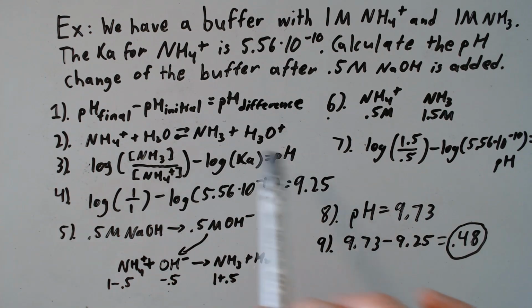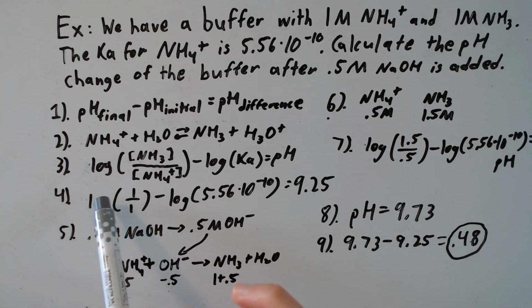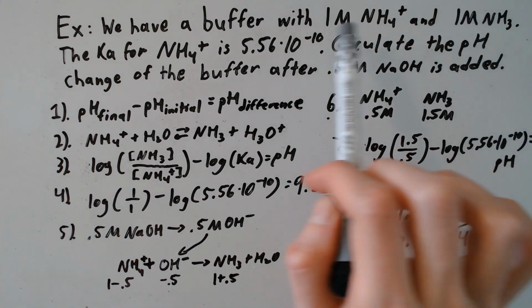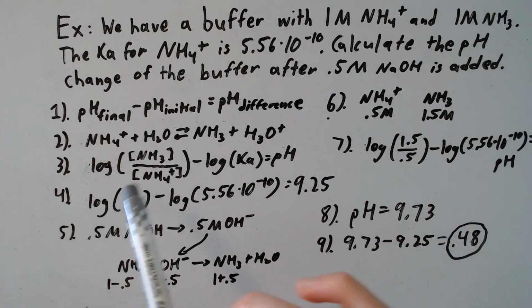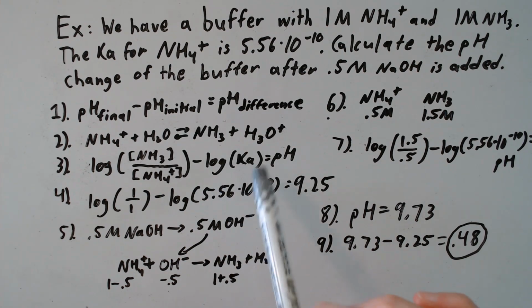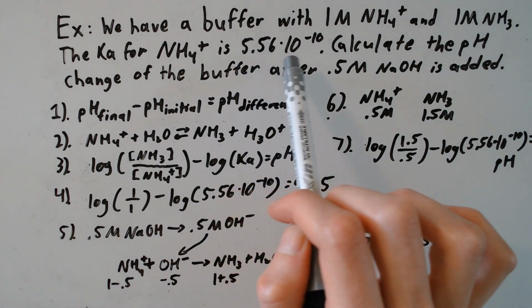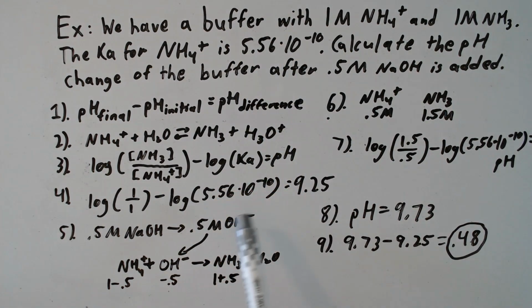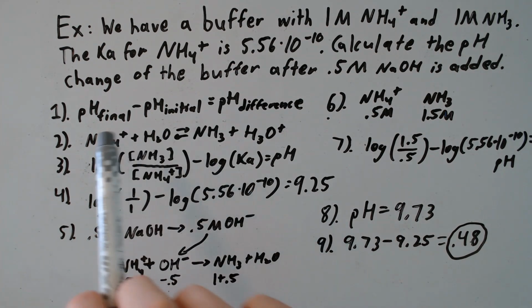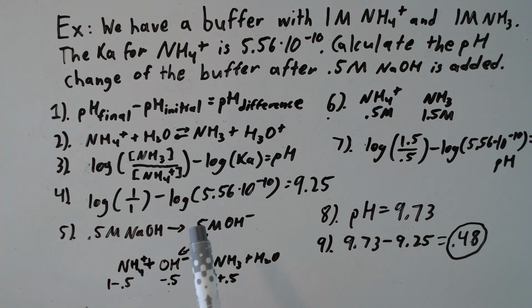We can use this to find the initial pH, because we know that we have 1 molar of NH3 and 1 molar of NH4+, so 1 over 1, minus the logarithm of our Ka value, 5.56 times 10 to the negative 10th, and we get this initial pH of 9.25. Sweet. Now let's see how these concentrations of NH4+ and NH3 change so that we can find the pH of the buffer after our NaOH was added.